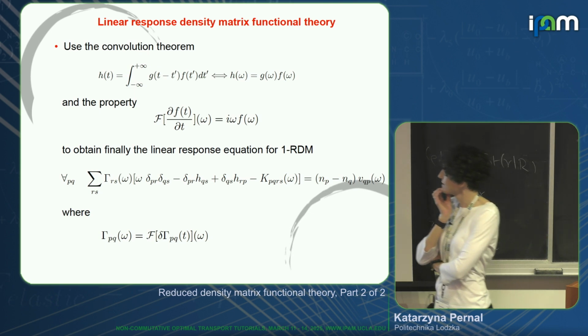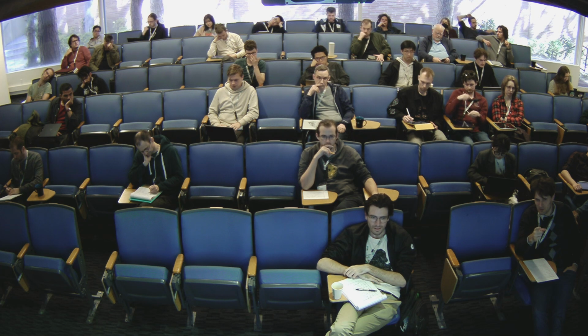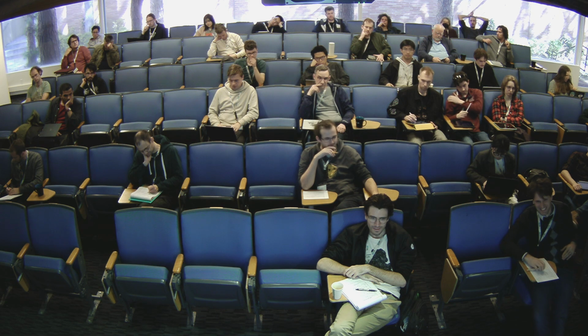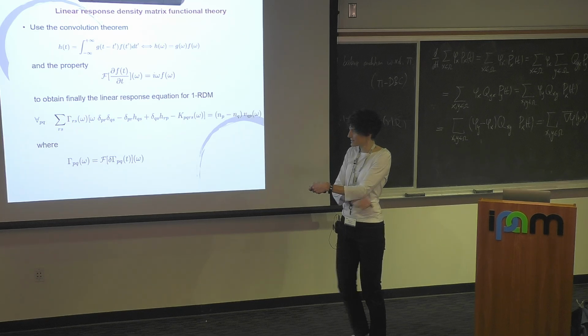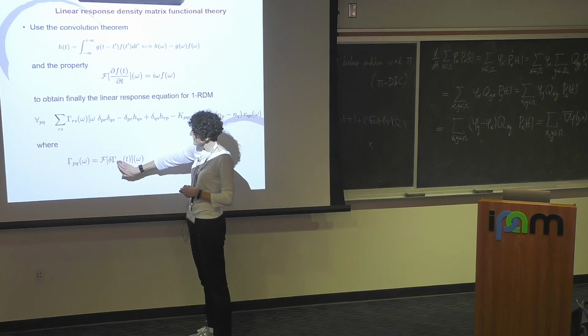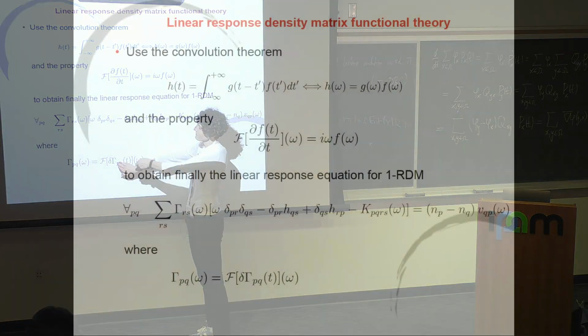This gamma of omega now is the Fourier transform of gamma? Yes, here, yes. Sorry. So this gamma of omega is the Fourier transform of the time-dependent response of the density matrix. Right, so you perturb your system.